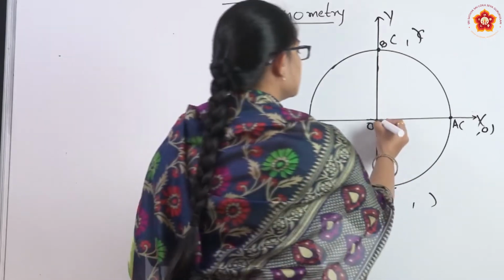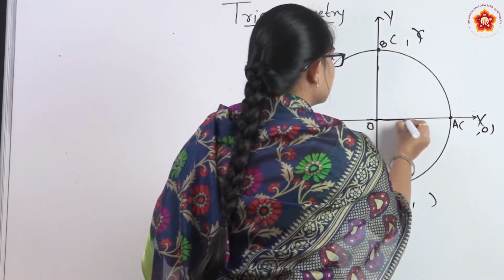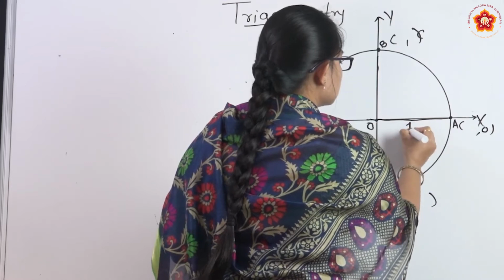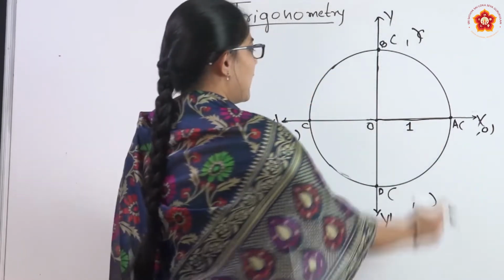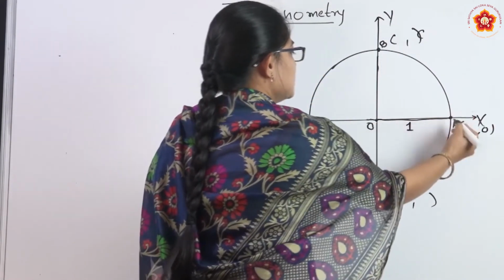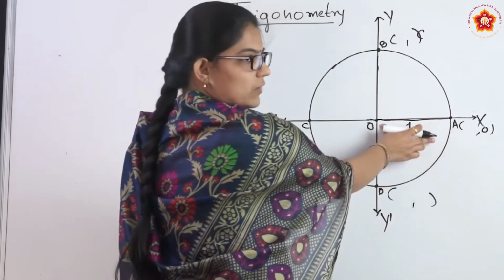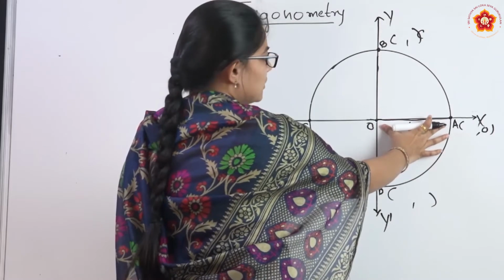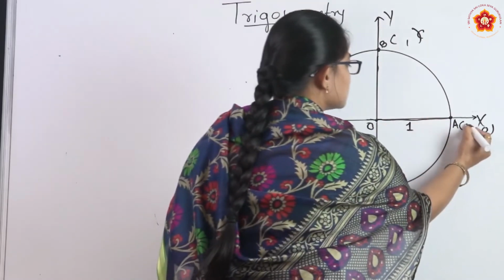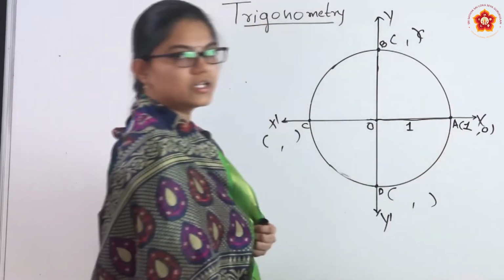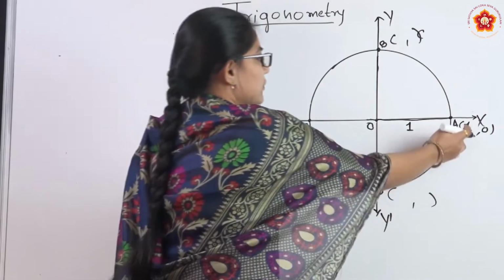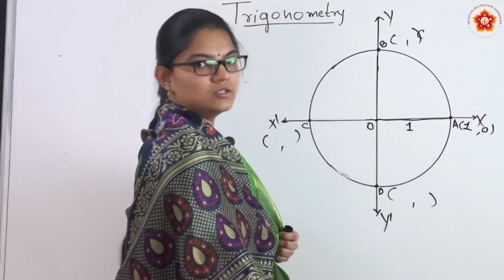So, what is the radius of a unit circle? That is 1 unit, right? So, what is the x coordinate of any point? It is the distance of a point from the y axis. So, what is this distance? That is 1. Therefore, we can say the x coordinate is 1. So, you have the point A (1, 0).